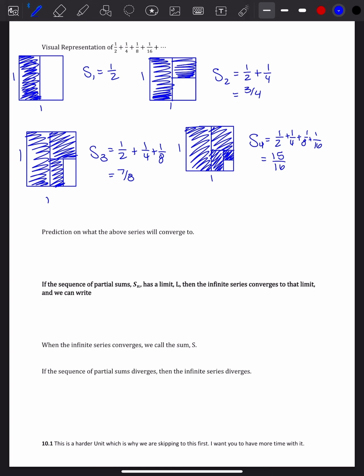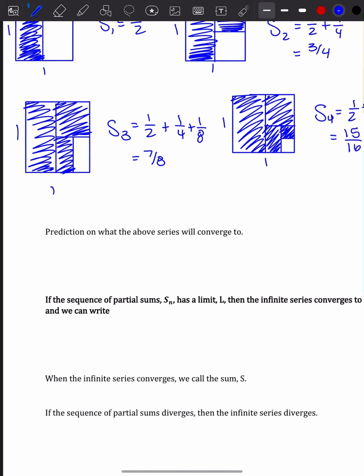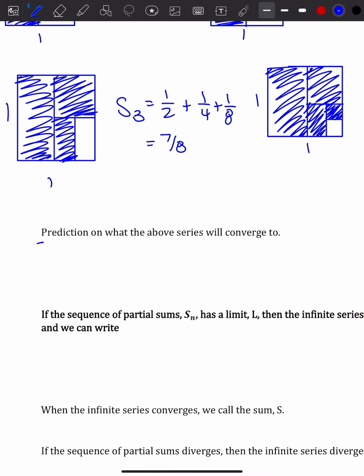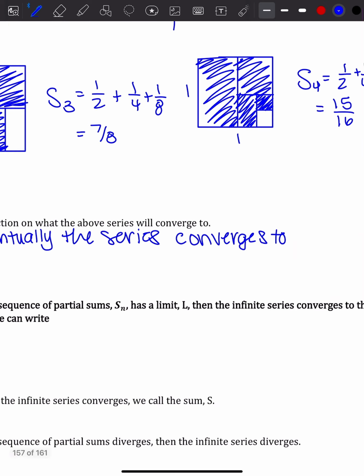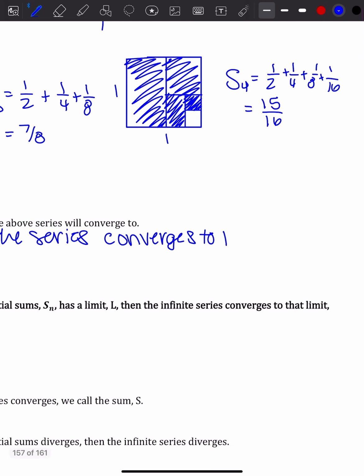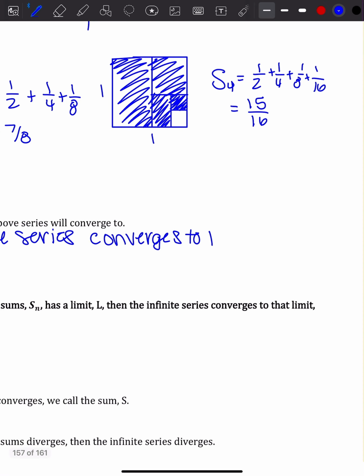Well, the entire area of this box is 1, so eventually our series here will converge to 1. And when we say converges to 1, that just means eventually the number that fraction will equal will be so close to 1 that it will be 1.